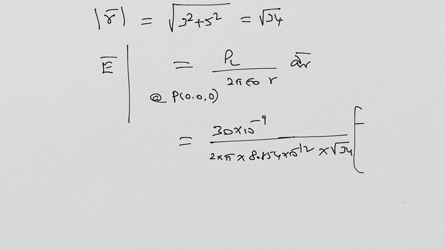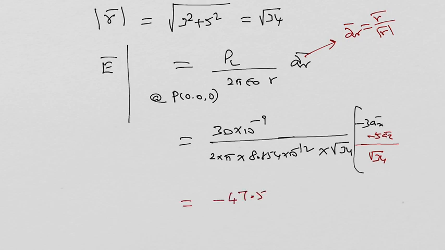Now you just see this. How will you compute AR? AR is computed as R by magnitude of R, right? Minus 3AY minus 5AZ divided by root 34. So my dear students, it would be minus 47.58 something AY and 79.3 AZ volt per meter.